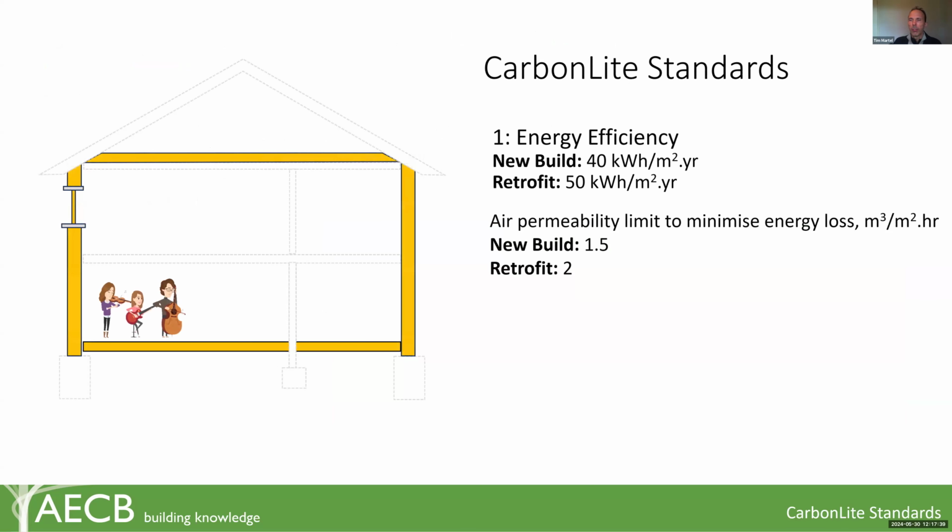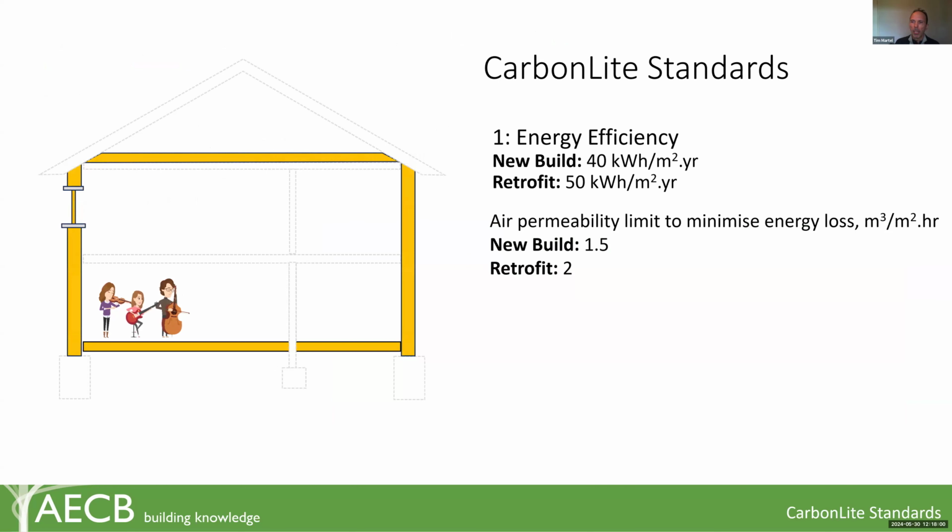So if we were to look at these standards, let's actually look at them in sections. There's a few people there enjoying their home. We have to remember it's people's home we're talking about here. So energy efficiency. For new build, 40, for retrofit, 50 kilowatt hours per meter squared per annum, as we were saying.